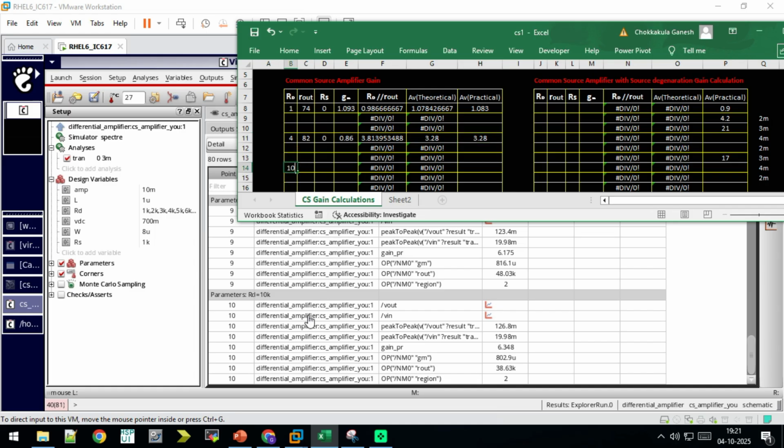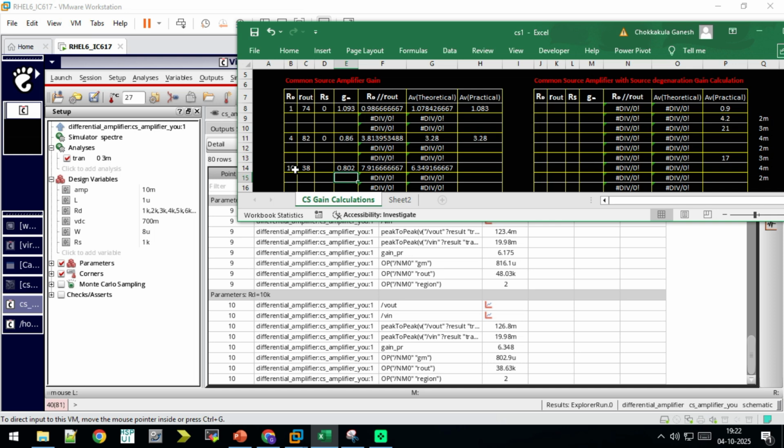So this is 10, our output is 38, gm is 0.802. So I got the gain of 6.3.